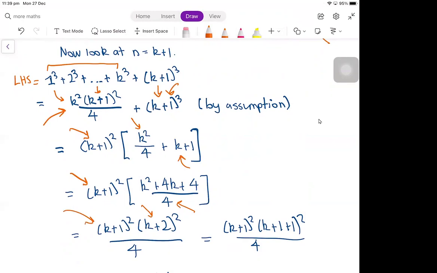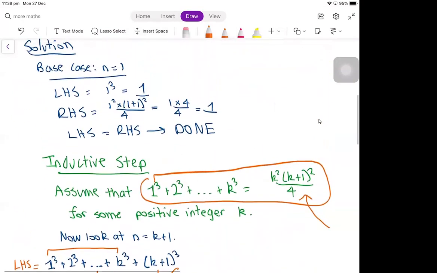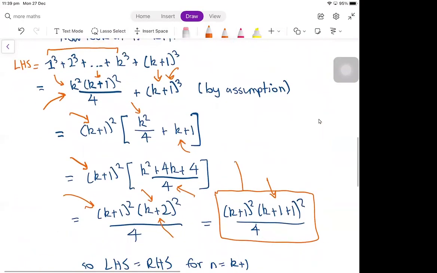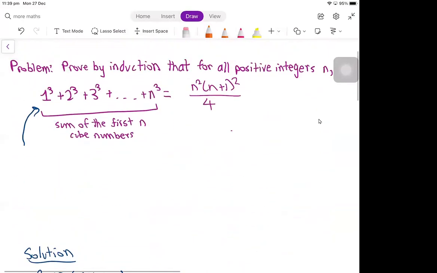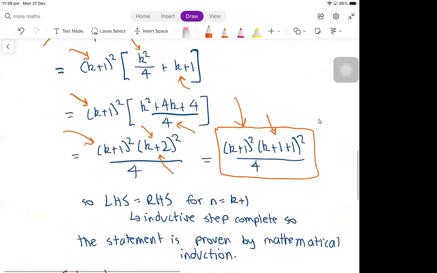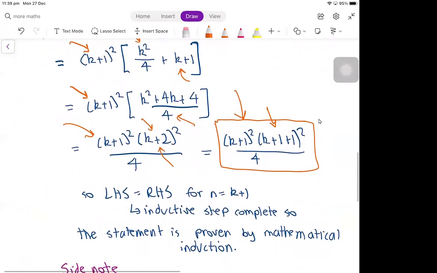And we can write the k plus 2 as k plus 1 and plus 1 again. So now we have this equation. And now we can see this over here is equal to the right-hand side when n equals k plus 1. This means that we've proven that the left-hand side and right-hand side are the same for n equals k plus 1.